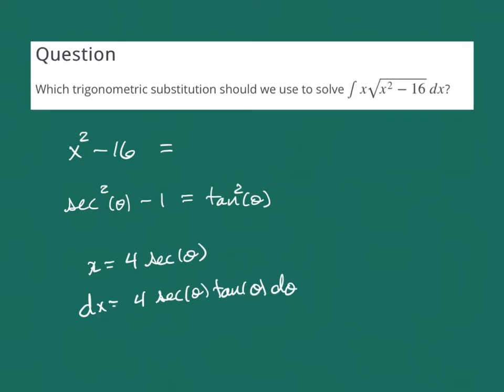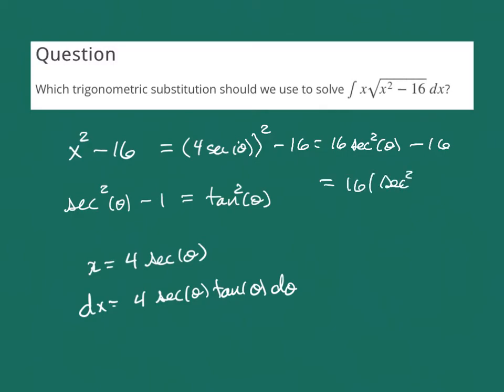When we make this substitution, we get 4 secant of theta squared minus 16, which looks like 16 secant squared theta minus 16, which in turn gives us 16 times secant squared minus 1, or tangent squared.